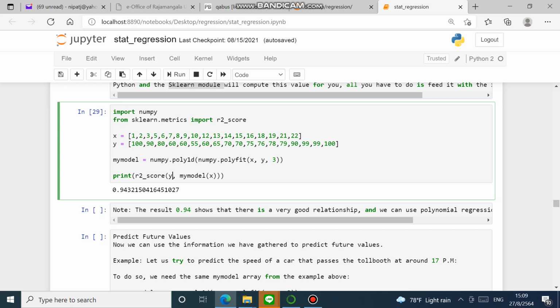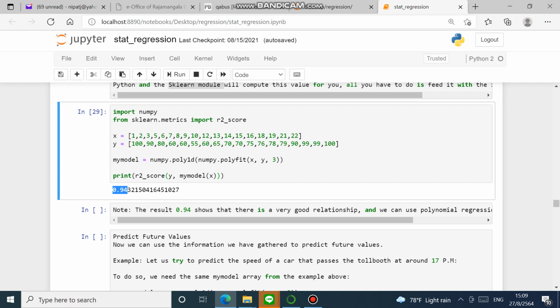You need y and the model here because you have a model. You put each x, starting from 1, 2, 3, 4, 5, into the model, and then you compute R squared. The result is 0.94.